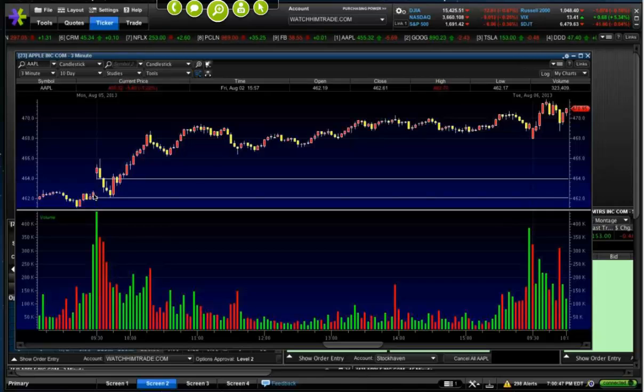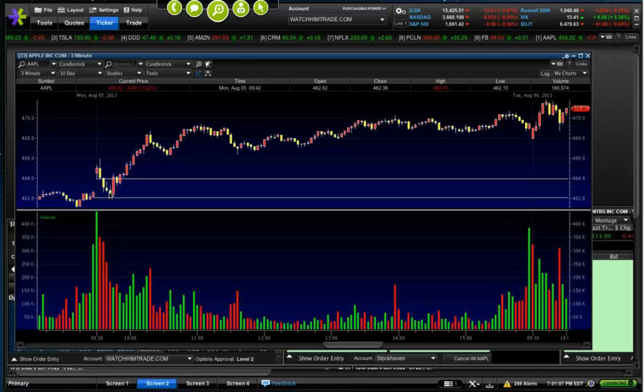The reference point on a gap fill on a short trade is the last 3-minute low from the previous day. So that makes 462.17 the last 3-minute low from Friday, August 2nd, going into August 5th. That makes 462.17 a key reference point.